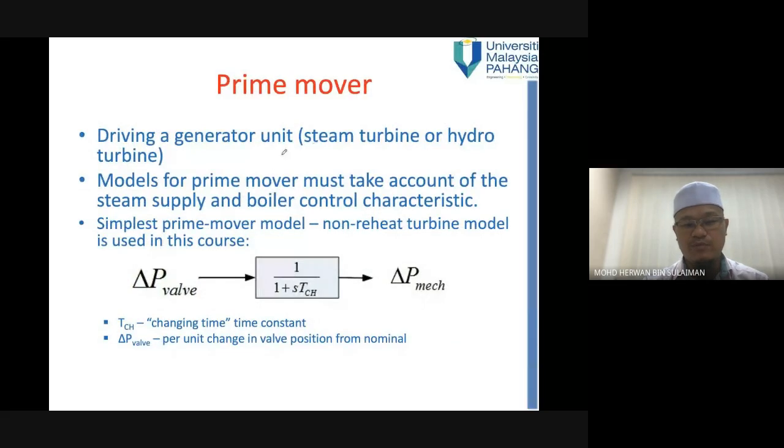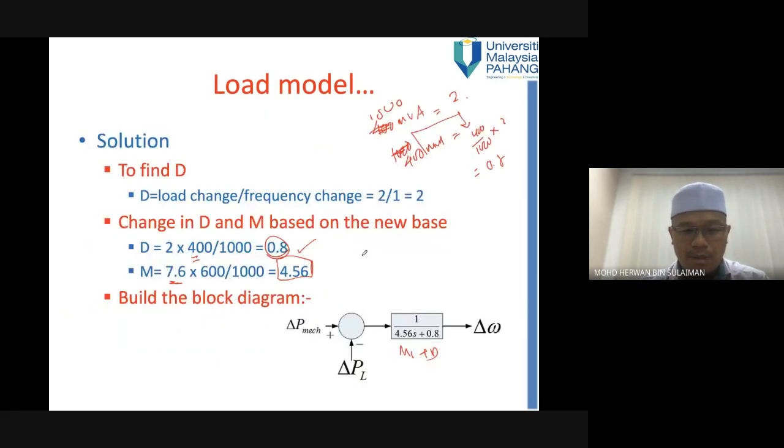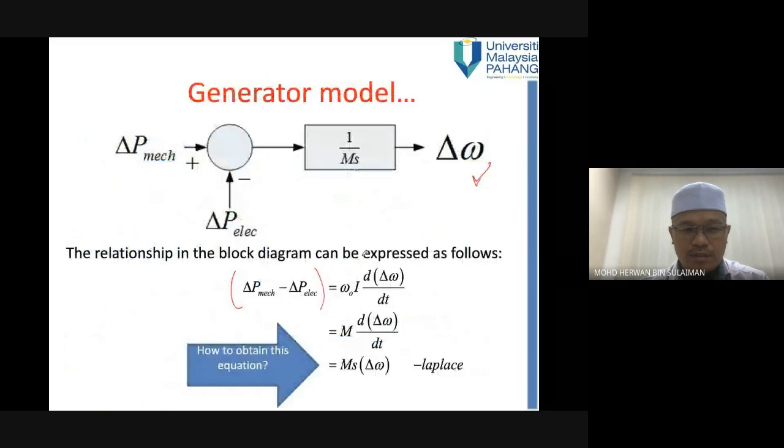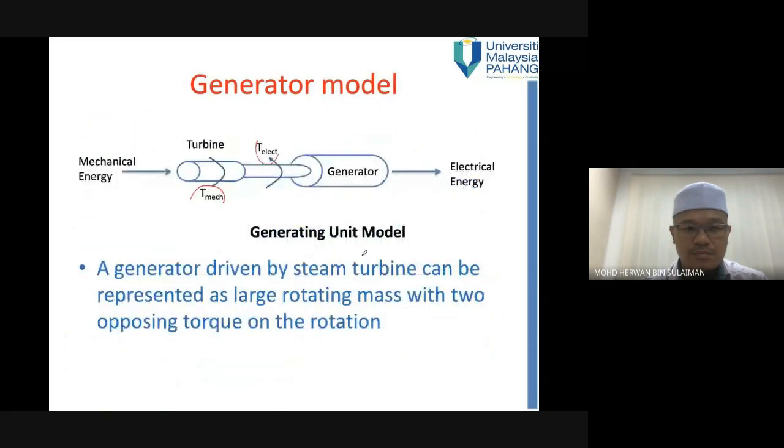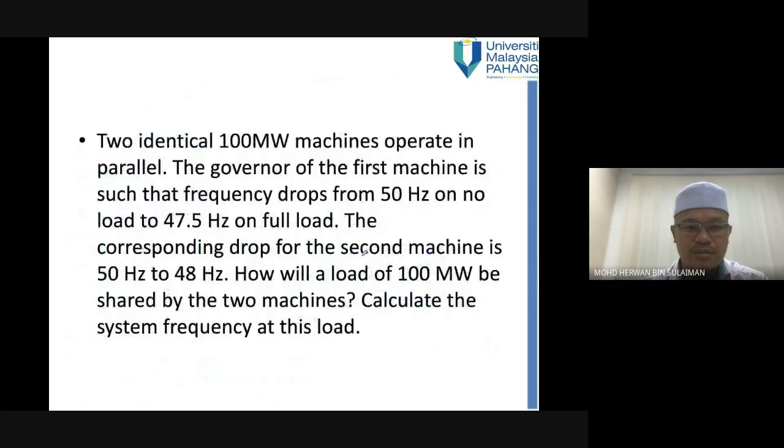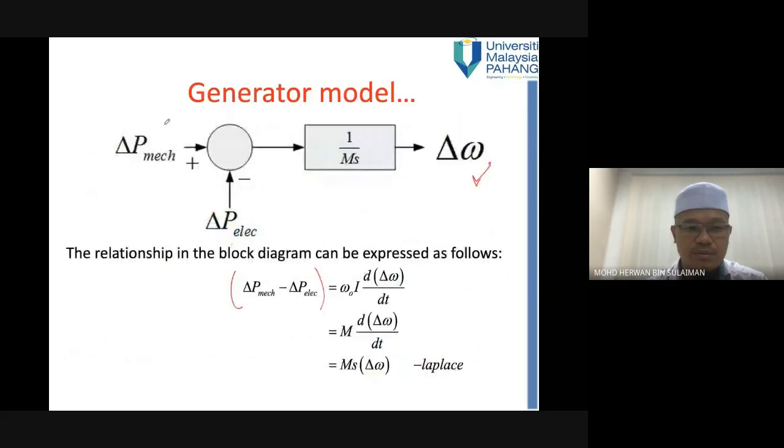Okay, this is prime mover. So prime mover is used for driving the generator unit, steam turbine or hydro turbine. So the model of prime mover must take account of the steam supply and boiler control. So this is part of mechanical part, meaning that kalau tengok kat sini, kita punya generator, turbine, so kita ada mechanical punya this one, Pm.